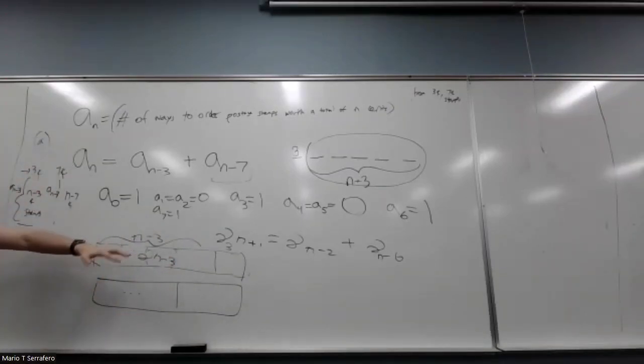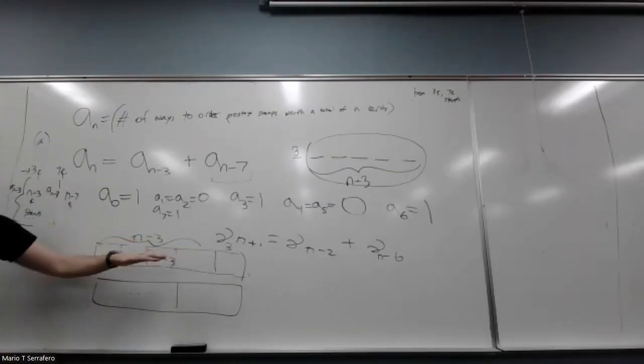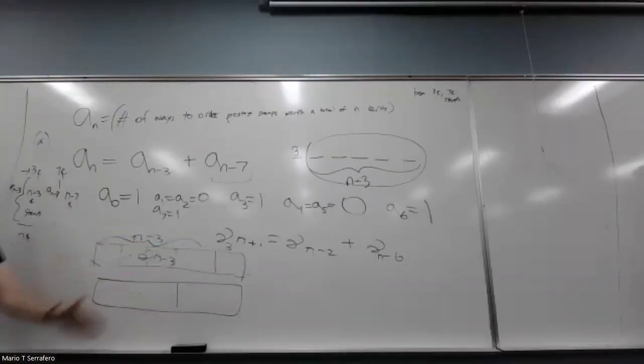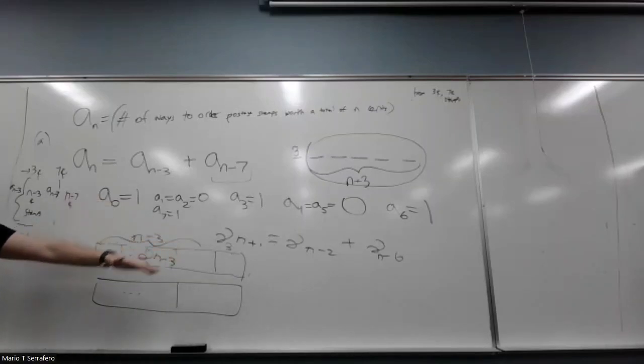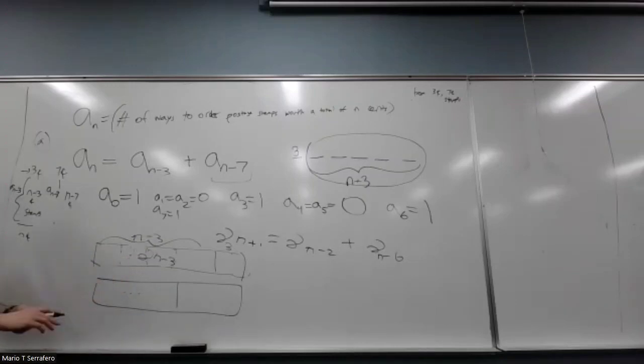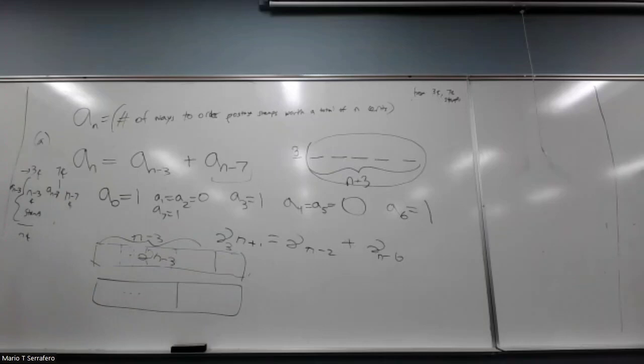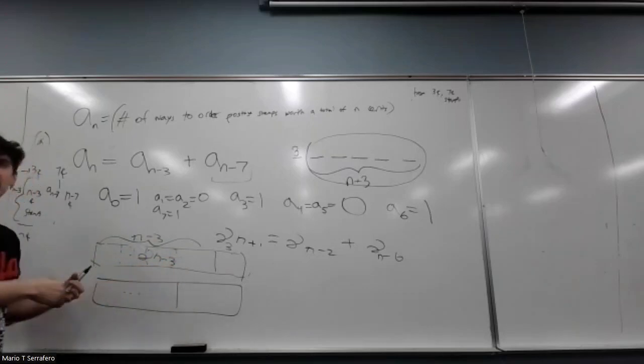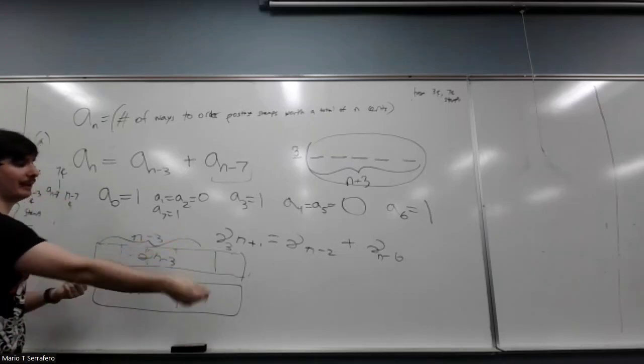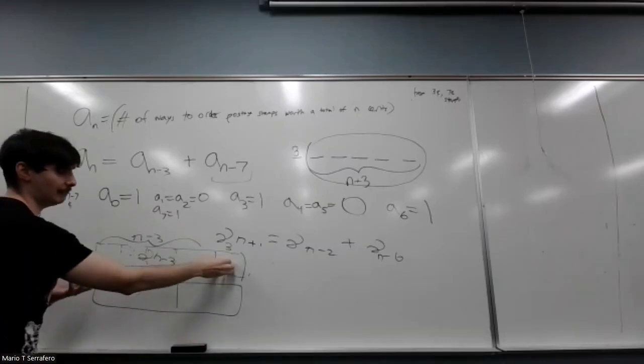a sub n minus 3. Now, this is going to represent all the possible partitions I have of this rectangle that correspond to the sequences of 3s and 7s. And for each specific partition that I can think of, because they add up to n minus 3, if I add the 3 at the end, then I'll have a new one that has n, right? So then I count the number of ways in which I can have my sequence of postage cents that add up to n, because I have to add something at the end, and that can be 3.